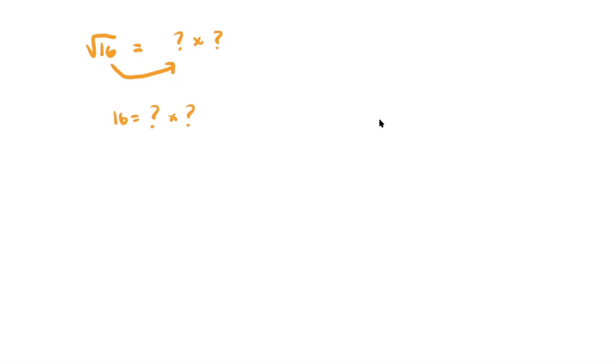Well, that's 4, because 16 is equal to 4 times 4. So the square root of 16 is equal to the square root of 4 times 4. Remember, for a square root answer, we just want what that question mark is. That question mark was 4, meaning the square root of 16 is equal to 4.